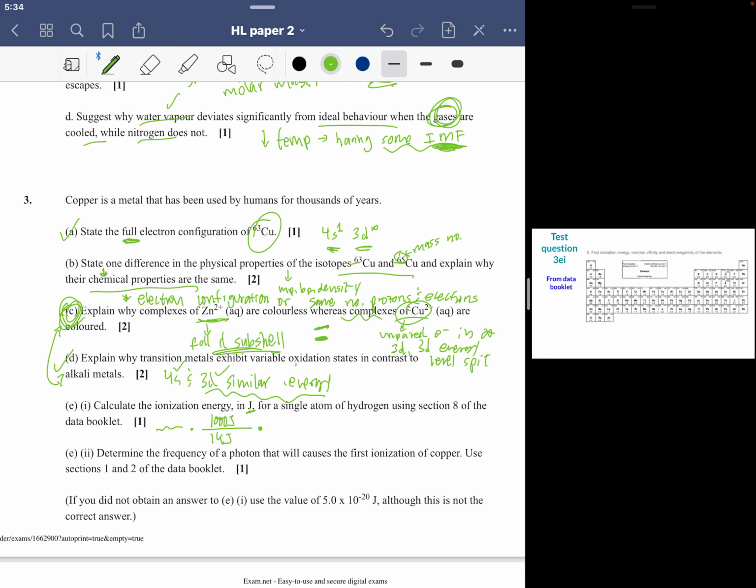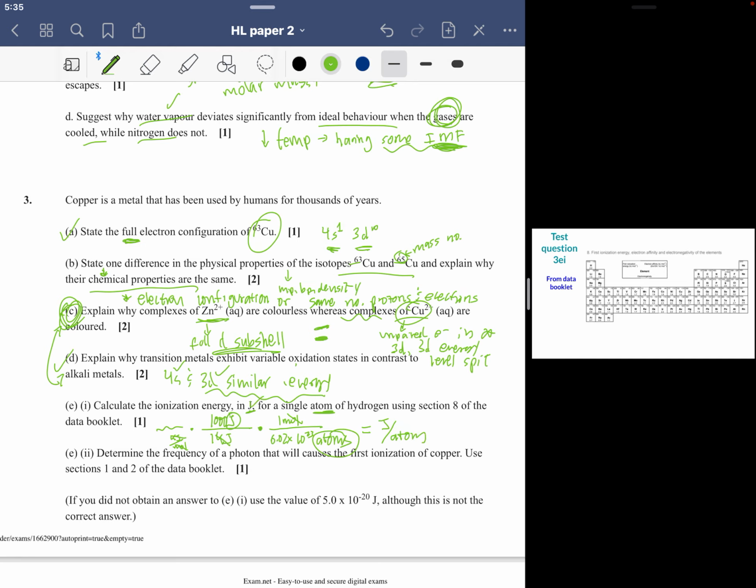I also am going to need to get rid of that mole, since this unit was kilojoules per mole, and get it into individual atoms. So if I want moles to cancel, moles start out on the bottom, so I'm going to put moles up on top. And Avogadro's number, 6.02 times 10 to the 23, on the bottom. And now my kilojoules have canceled to leave me joules. My moles have canceled to leave me atoms, or individual atoms. And now I'm in the unit joules per atom.